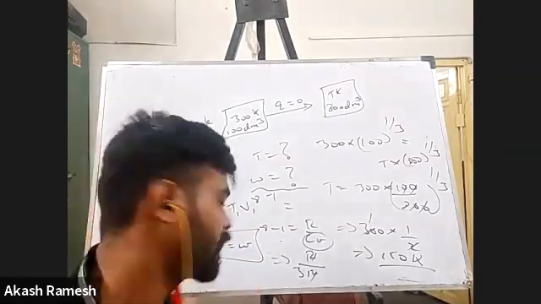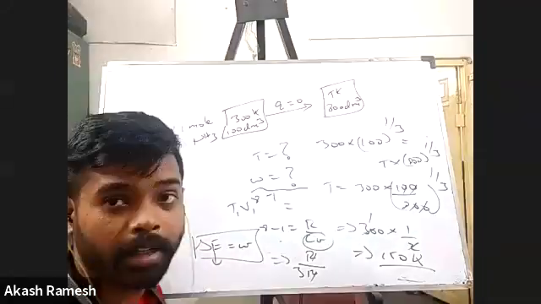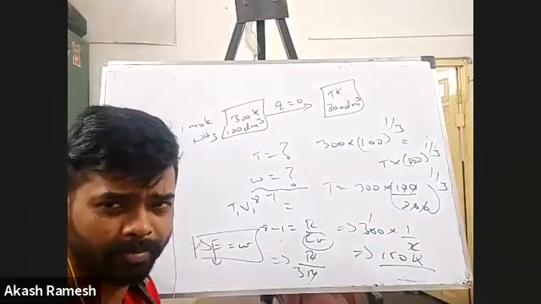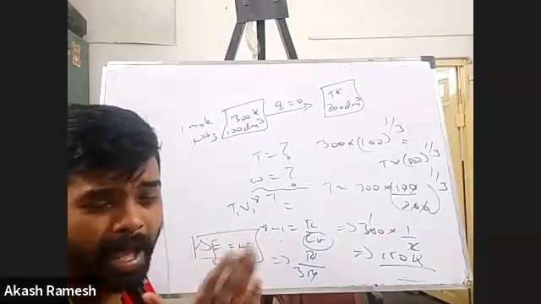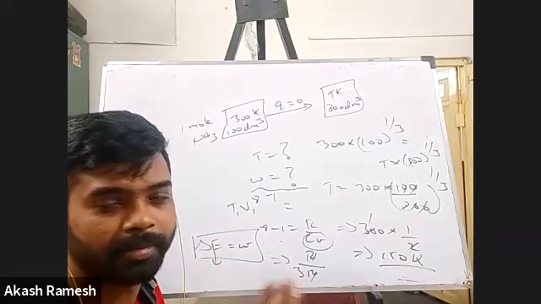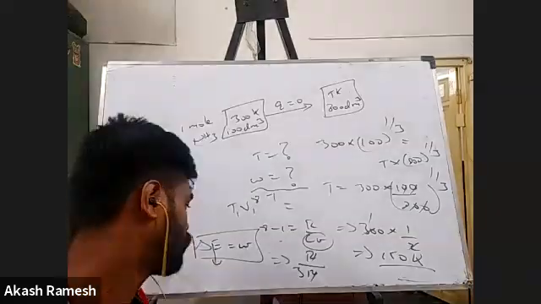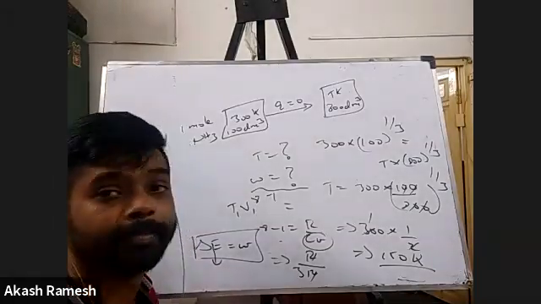So in this case, I can directly put whatever formula I know. It is just going to depend on the initial temperature and the final temperature. That's it. So what will be the formula here? T2 by T1 equal to V1 by V2 the whole power R by CV.